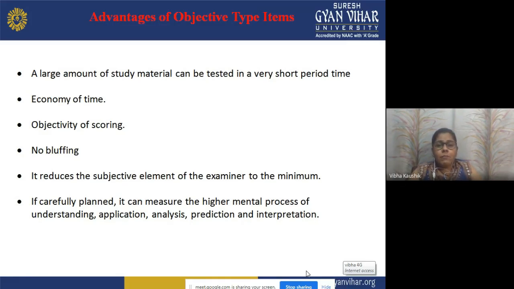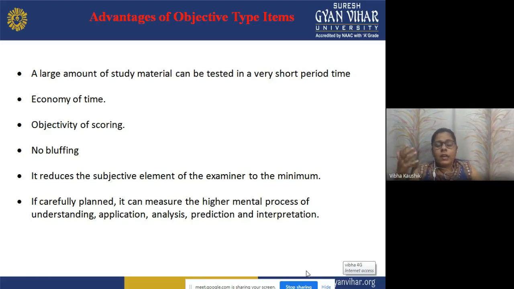If carefully planned, means the teacher should be careful while planning objective type items, it can measure the higher mental processes of understanding, application, analysis, prediction, and interpretation.